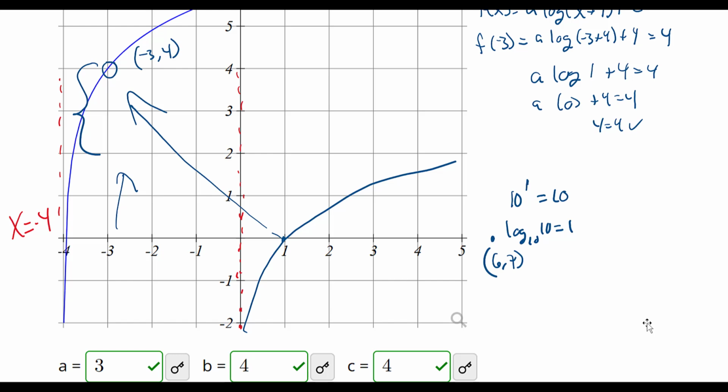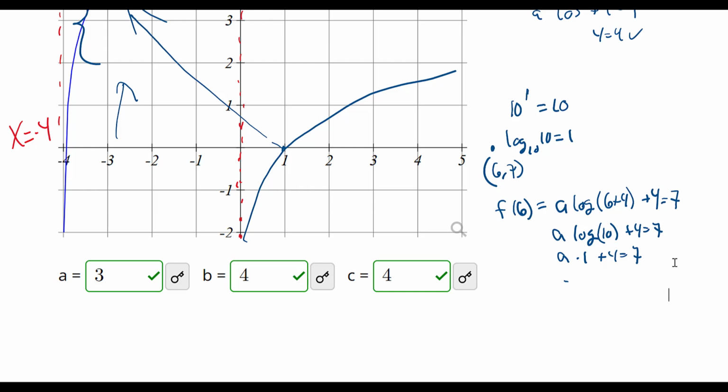Okay, so if we said f of 6 equals a times log of 6 plus 4, plus 4, and that's going to equal 7. So a times log of 10, plus 4 is 7. Well, log base 10 of 10 is 1, so it's a times 1 plus 4 is 7.